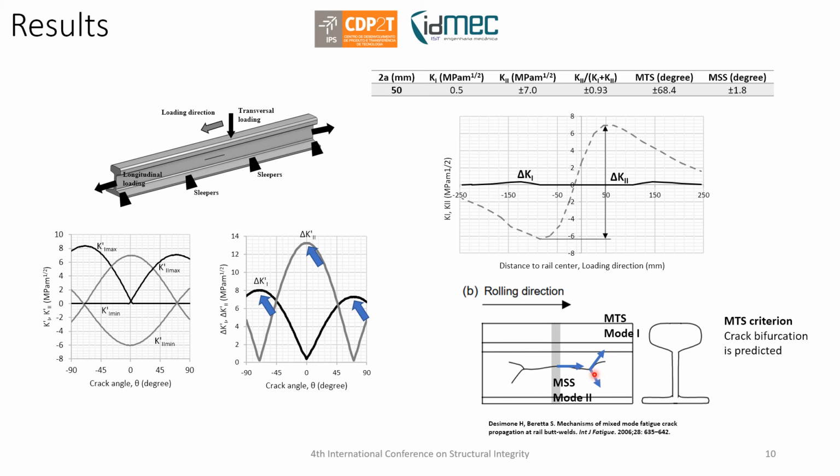Eventually, the crack can actually bifurcate and start to propagate along a direction where mode 1 is dominant. This bifurcation can happen because both on the positive and the negative side we have similar values for the maximum MTS or mode 1 criteria.